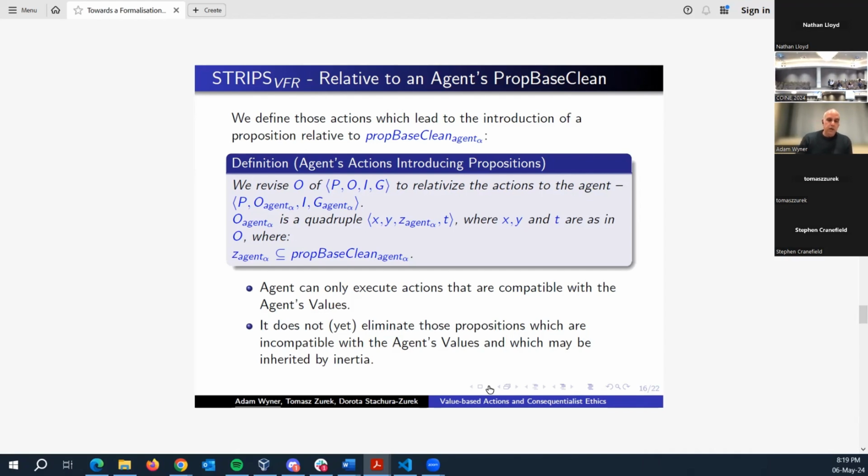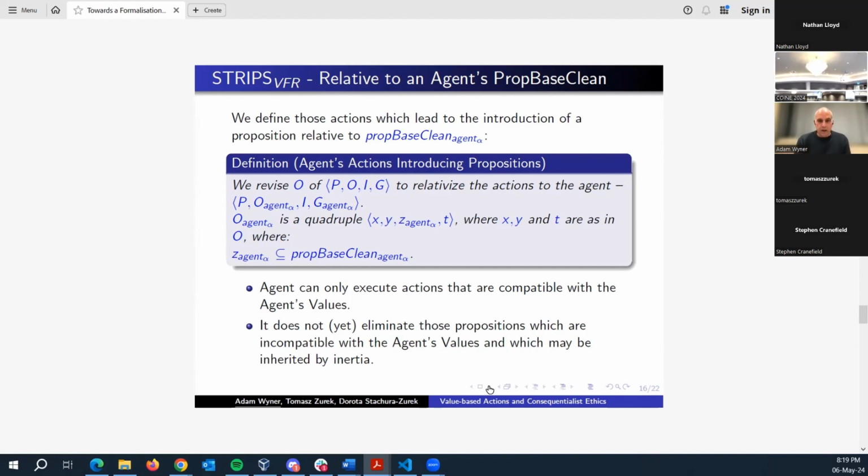And the way that we do that is we take the Z, that is the propositions which are added in the transition from the precondition state to the post-condition state. The propositions that are added are going to be elements from the agent's prop-based clean. So this is to say that the actions that the agent executes are those such that they introduce propositions in the post-condition state which are compatible with their values.